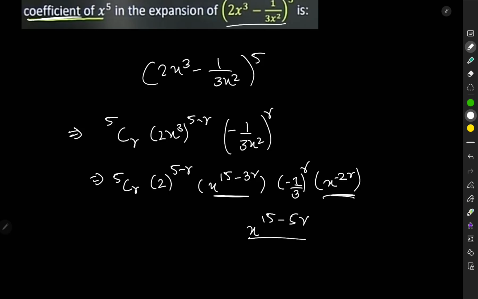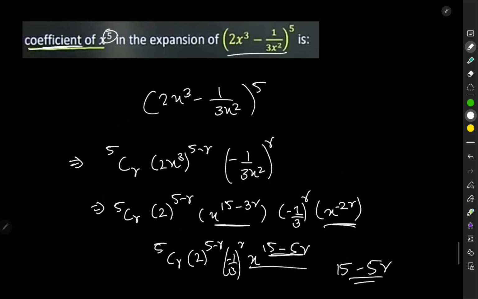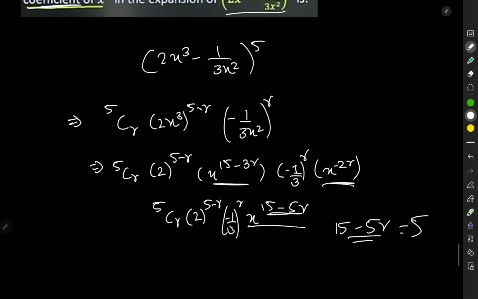The coefficient part is 5Cr 2^(5−r) (−1/3)^r, fine? This is the power of x, and we have been given that the power should be 5, so 15 − 5r = 5. So I'll get −10 by −5, which is 2.